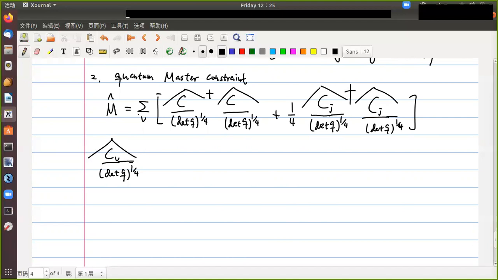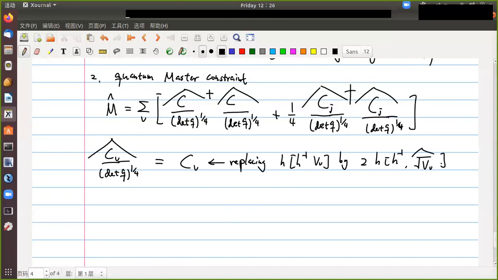So what is this? This is equal to our earlier Hamiltonian constraint operator, but you have to do some replacement: replacing the quantity H H V by 2 times H inverse, and you have to replace V by the square root of V. And what is the square root of V?